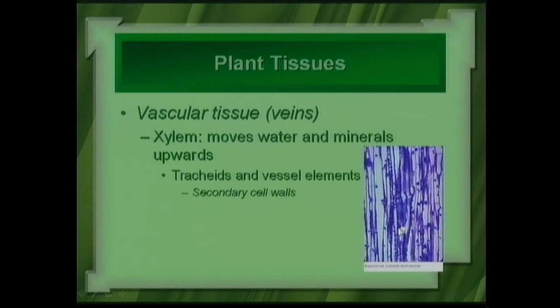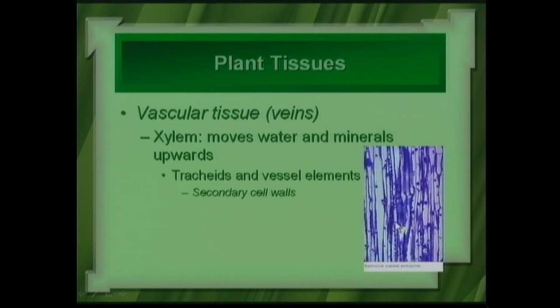So here in this micrograph, you can see some xylem vessel elements. These vessel elements and even the tracheids are sort of like pipes. They're connected end to end, one vessel element connected to the next, so they form pipe-like structures inside of the plant body, in the root, in the stem, and also in the leaves.